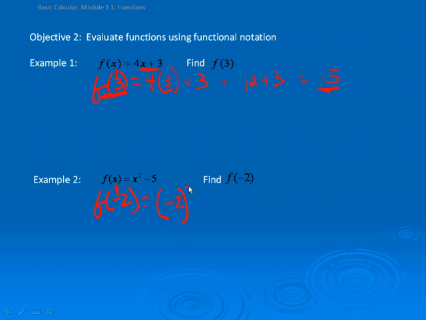Notice that when I substitute, I always use parentheses, because that keeps my sign straight. So negative 2 squared is negative 2 times negative 2, which would be positive 4, minus 5, which will give me negative 1. And so notice that f of negative 2 is equal to negative 1.